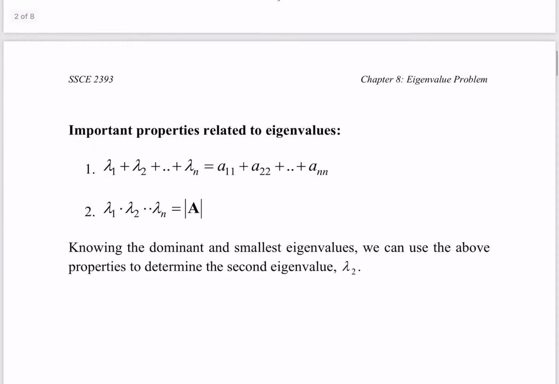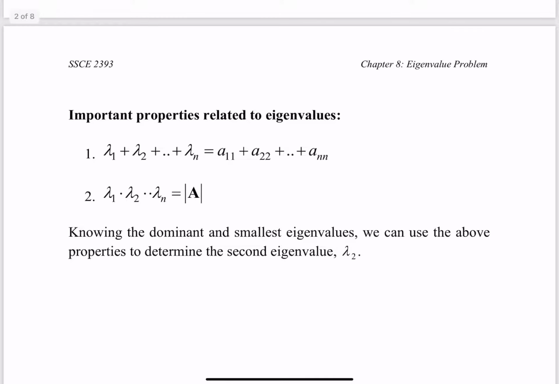Here there are some important properties. Property number 1, if we have a 3 by 3 matrix, the sum of all eigenvalues lambda 1 up to lambda n is equal to the sum of the diagonal elements of our matrix.